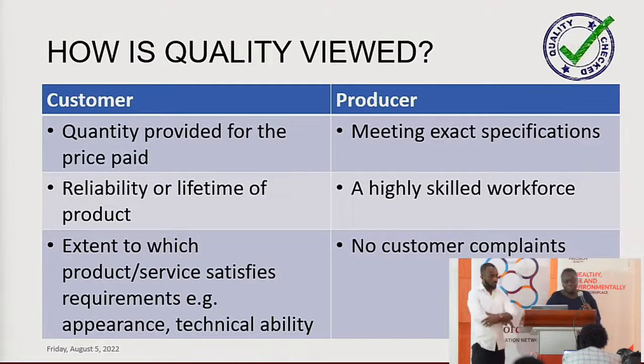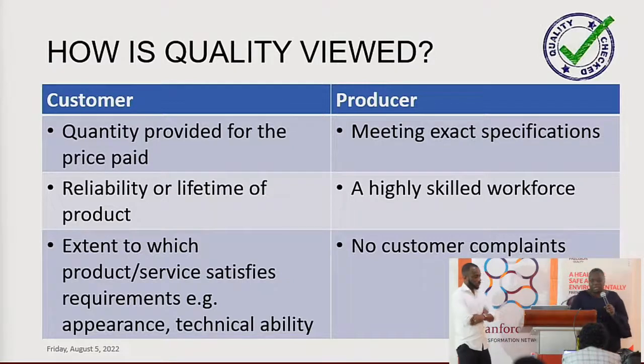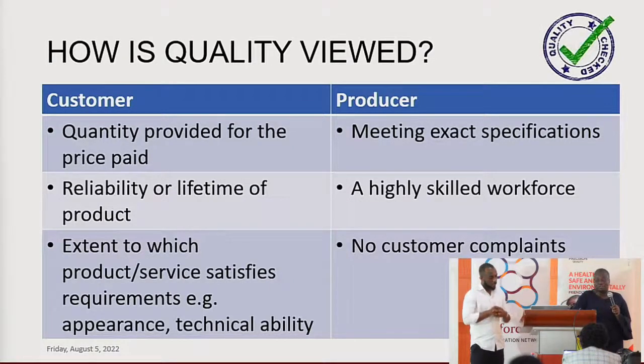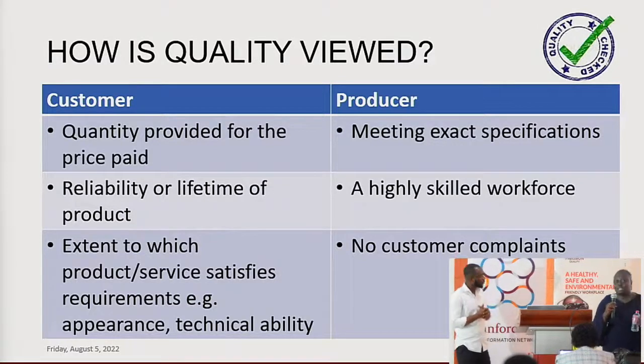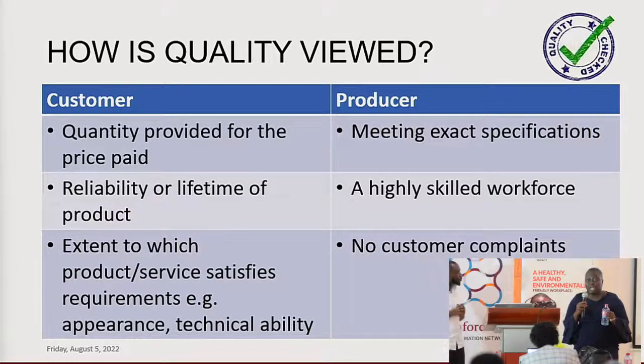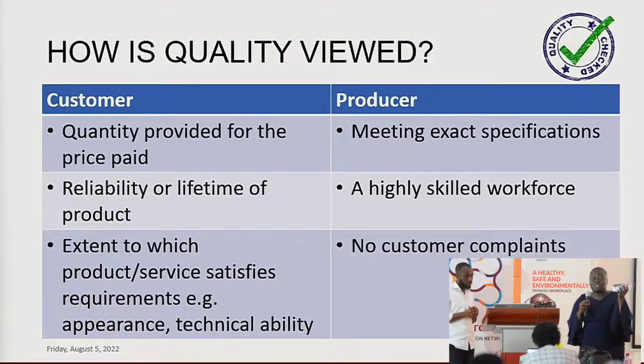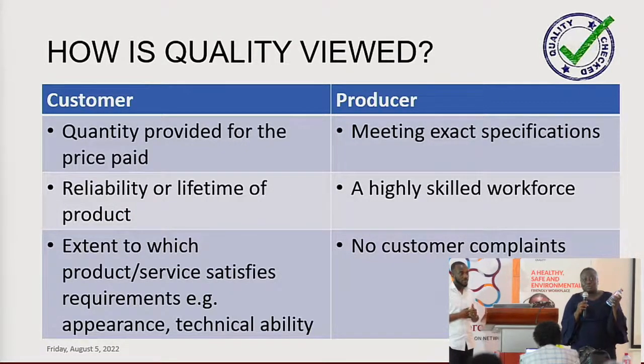From the producer's perspective, quality is viewed as something that they have manufactured or a product or service they are offering that meets exact specifications. So if I tell you, if you drink water, the water is good for your health. I'm manufacturing the water, so I tell you water is life, water is good for health.